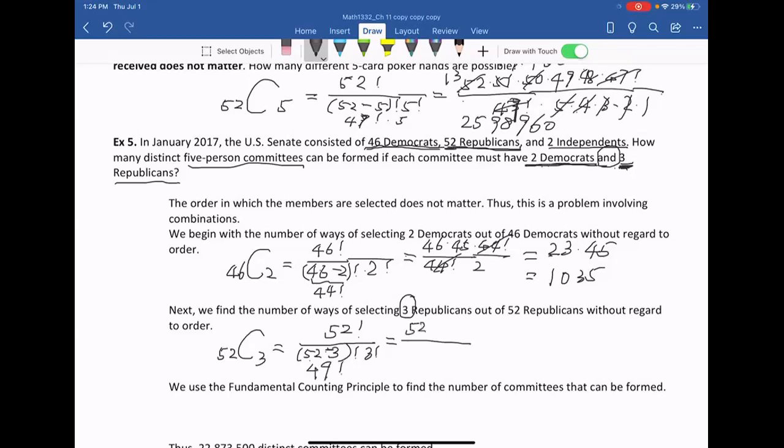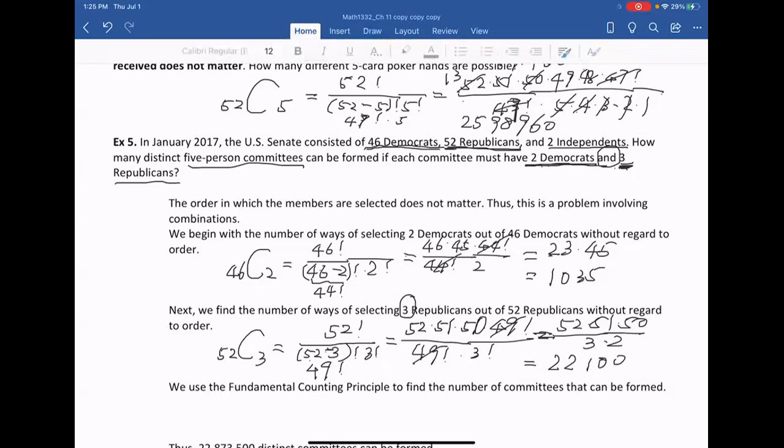So 52 times 51 times 50 times 49 factorial over 49 factorial times 3 factorial, canceled out. We get 52 times 51 times 50 over 3 times 2. Use your calculator to find the answer. This is 22100.